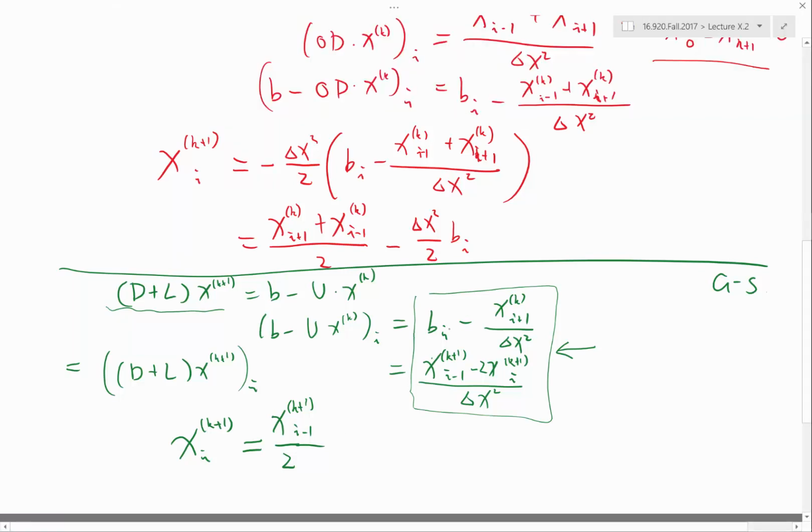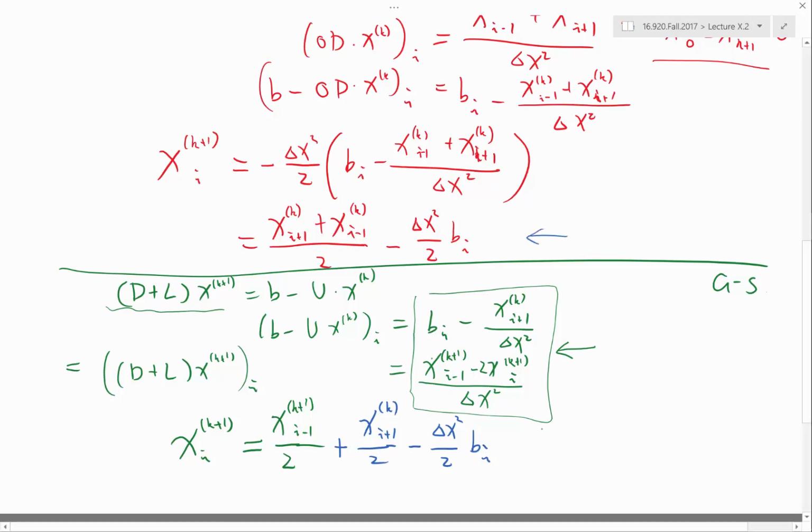And the explicit term is, first of all, I have a plus, right? The two delta x's cancel. I still have a 2 here. xi plus 1 at k, plus, or actually minus because the sign actually changed, half delta x squared bi. Okay, so that's the formula for Gauss Seidel.